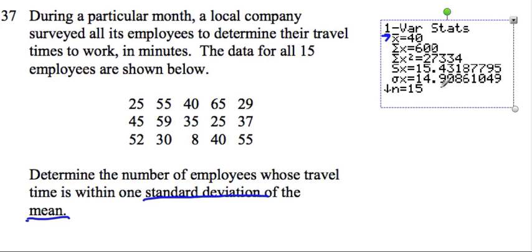Standard deviation is 14.9. Because they didn't specify which one we have to use, we just use the regular standard deviation, which is 14.9. Then from 40, if I add one standard deviation with a z-score of 1, it will be equal to 54.9.